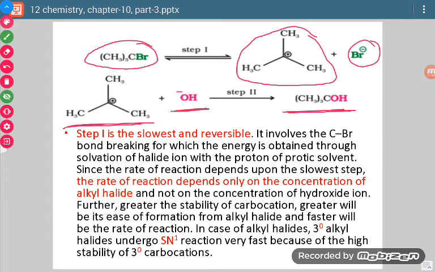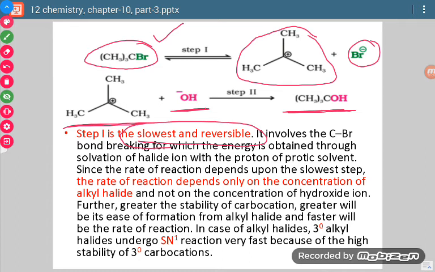Now if we see the speed, then step 1 is the slowest. Since it is the slowest, it means this is the rate determining step. Since it is the rate determining step, we will say that rate of reaction will depend on the concentration of only one reactant, and that reactant is the tertiary alkyl halide. So this is a nucleophilic substitution reaction of first order.